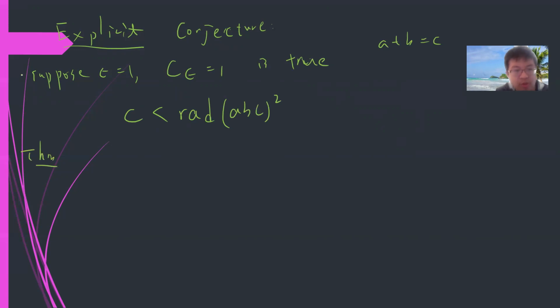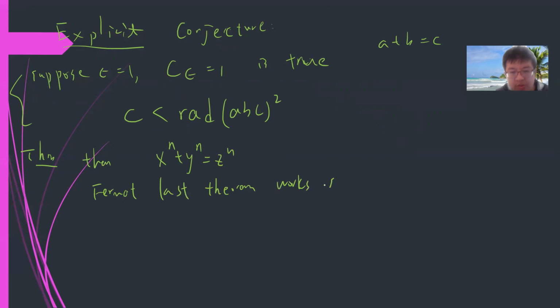If you believe this is true, then you can prove the following. If x to the n plus y to the n equals z to the n, then Fermat's last theorem holds for n greater than or equal to 6. The proof is very easy.